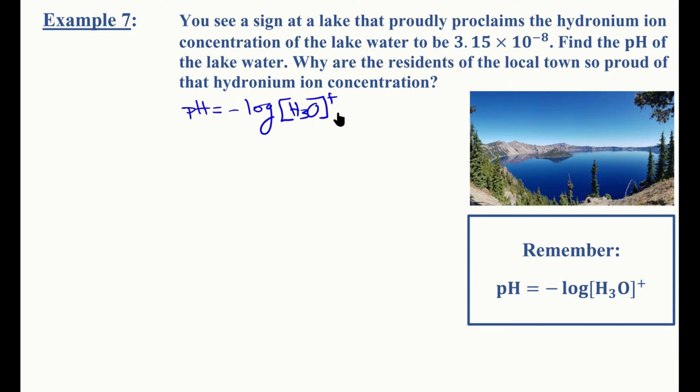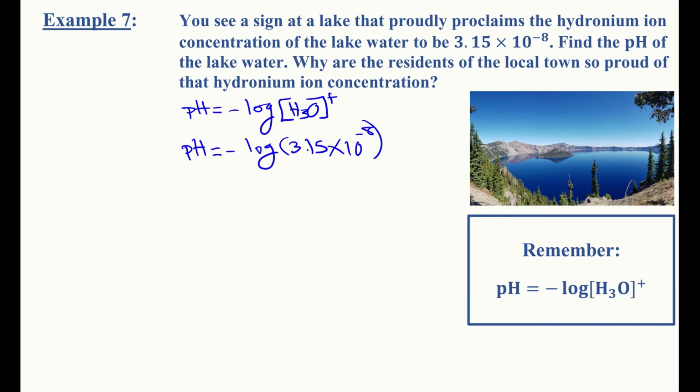In this case, the hydronium ion concentration is given, and we want to find the pH. So we're just going to substitute this number where we see this H3O+. So we get pH equals negative log of that number, 3.15 times 10 to the negative 8.